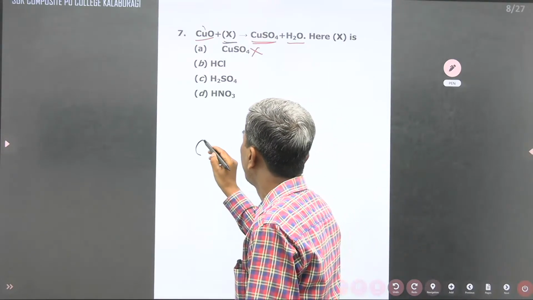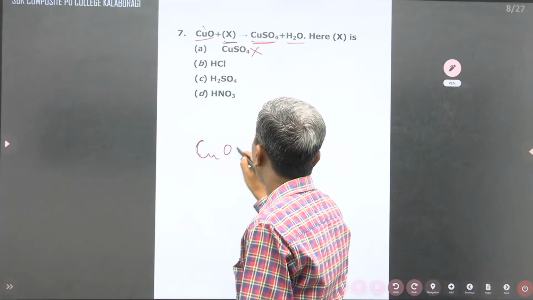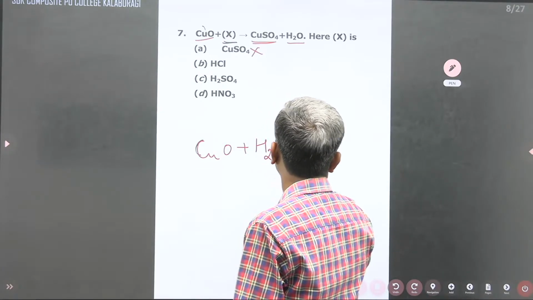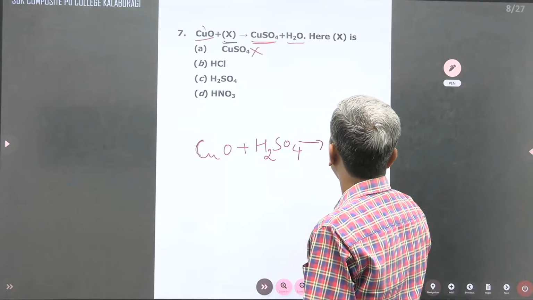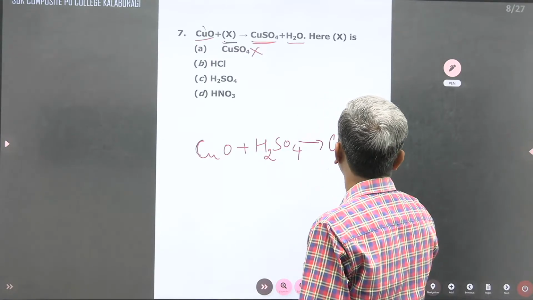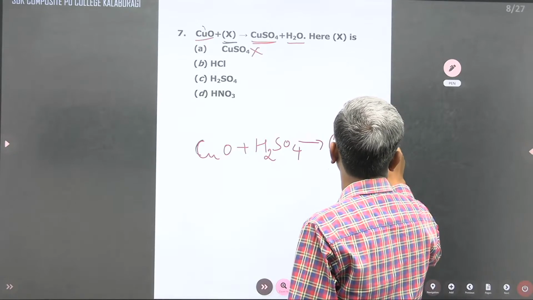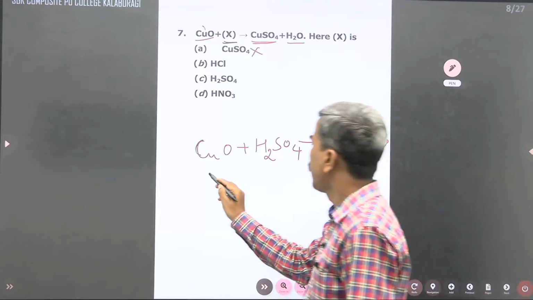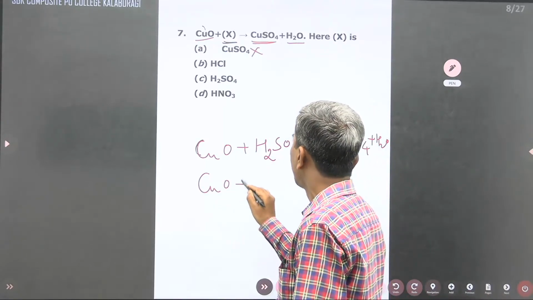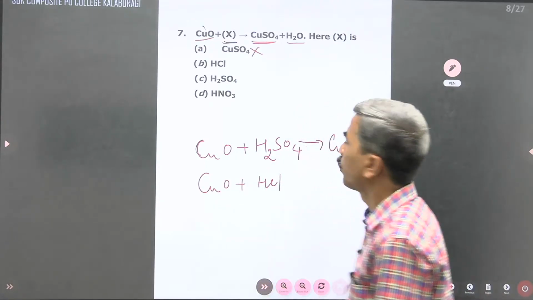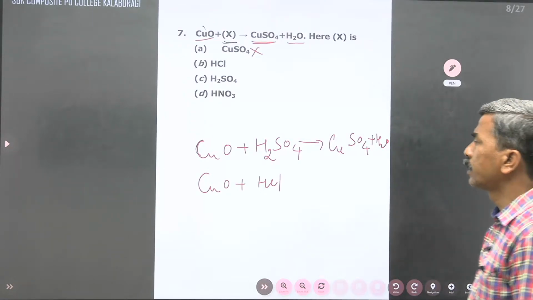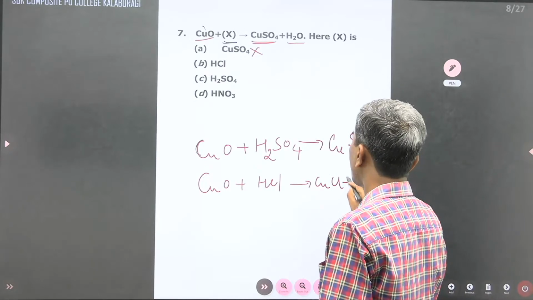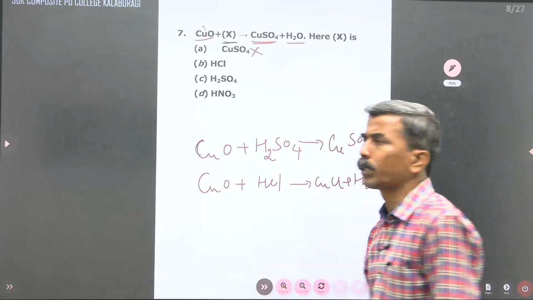If I write the equation, copper oxide reacts with sulfuric acid to produce copper sulfate plus H2. Whereas if I use hydrochloric acid instead of sulfuric acid, it produces CuCl plus H2, copper chloride.